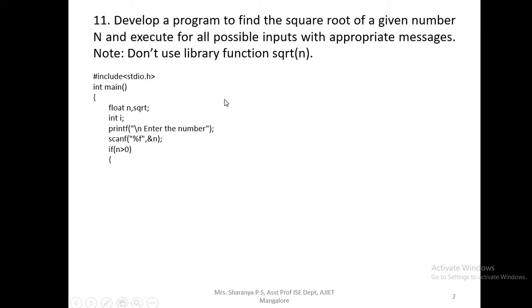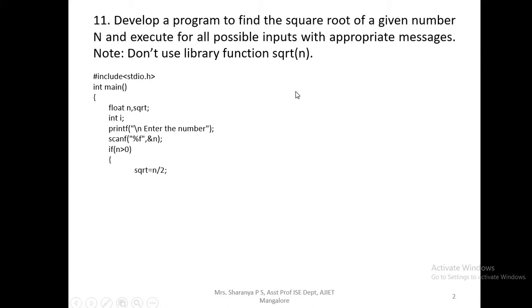As we know, to find the square root we first have to check whether that number is greater than 0. If the number is less than 0, there is no meaning in finding the square root of the given number, so it should write some error message. So the first condition is to check whether the number entered by the user is greater than 0.